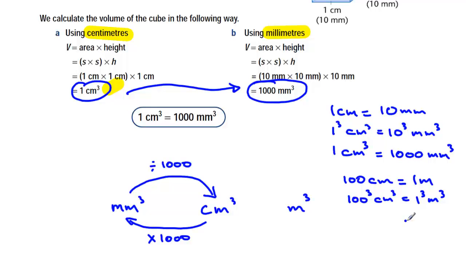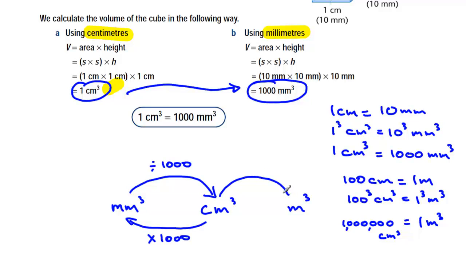Now when you do this conversion, 100 times 100 times 100, that's 6 noughts in the answer, that's a million. 1, 2, 3, 4, 5, 6. That's a million, I'll just put commas in there to separate them, a million cubic centimetres in 1 cubic metre. So if you like, a million of those little 1 centimetre cubes would fit into a box 1 metre by 1 metre by 1 metre.